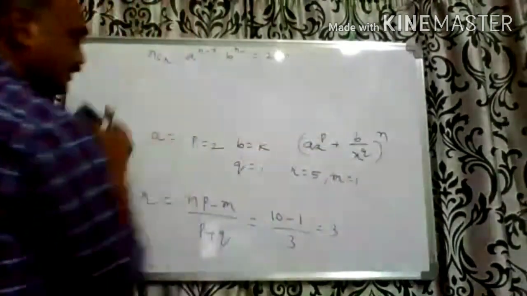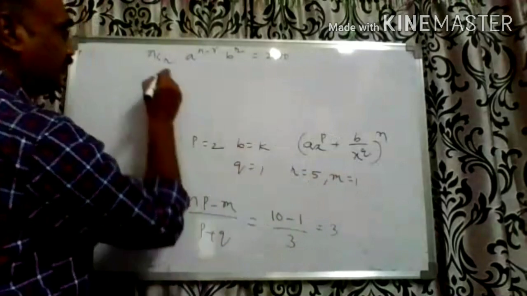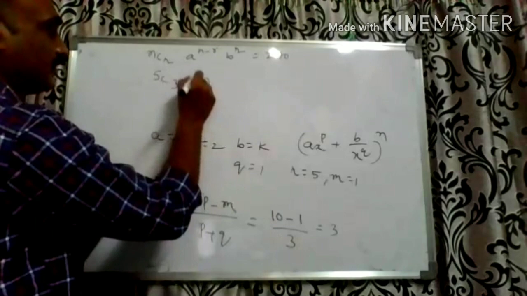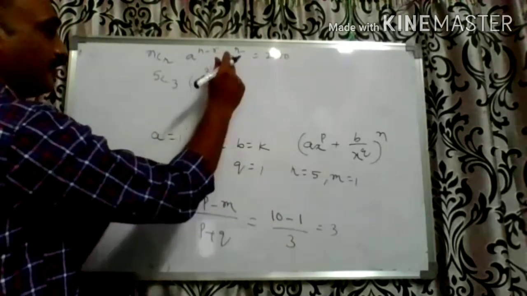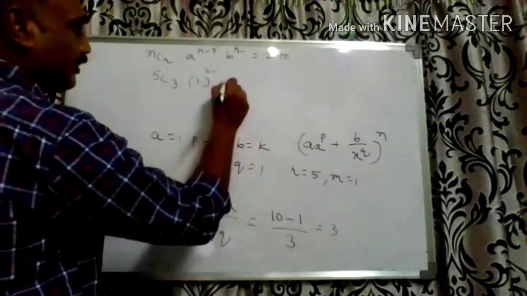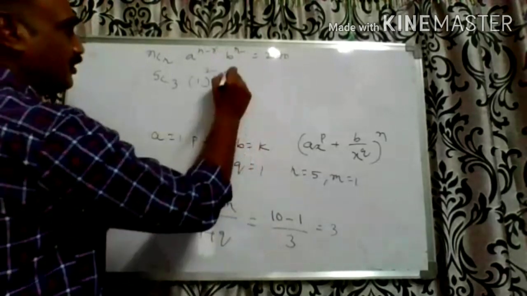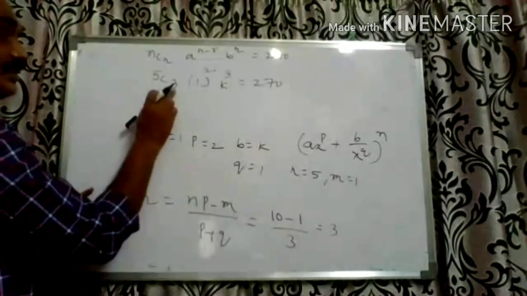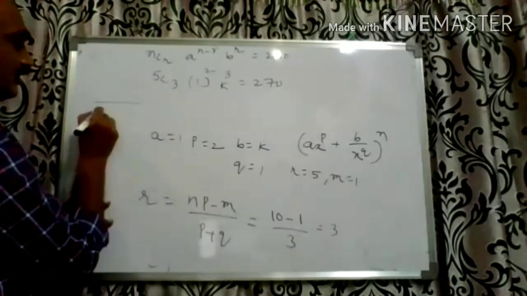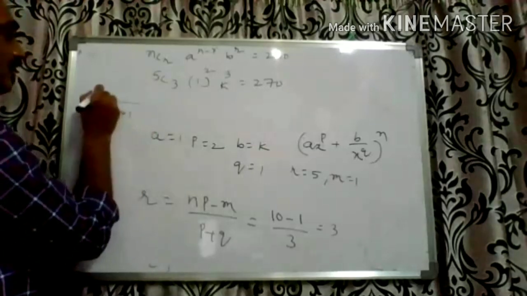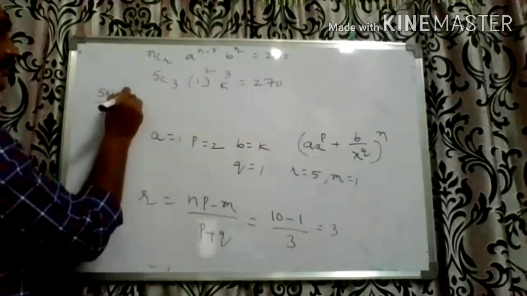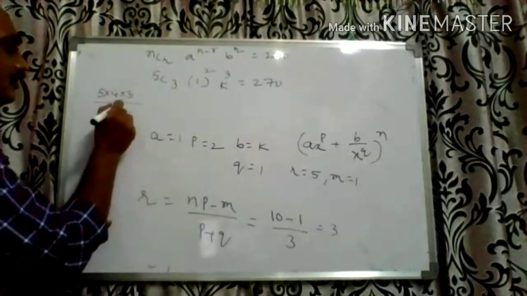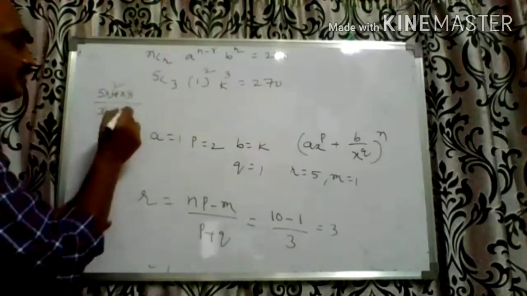Here n is equal to 5, r is equal to 3: 5C3 a power n minus r, 5 minus 3, into b power r, b is equal to k, r is equal to 3, is equal to 270. 5C3 is 5 into 4 into 3 by 3 into 2 into 1. 3 gets cancelled, 5 2s are 10.